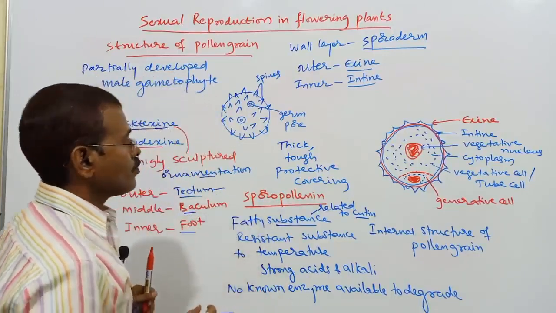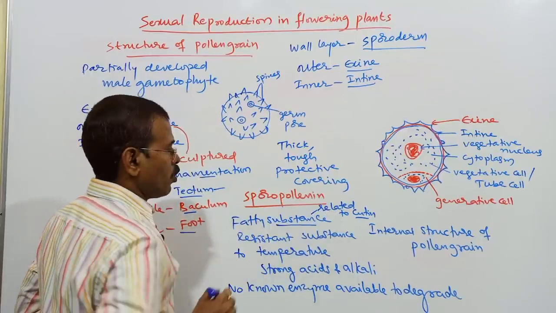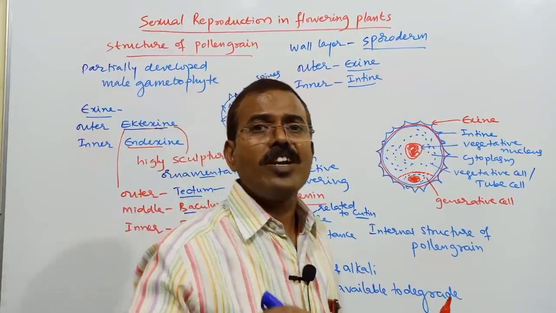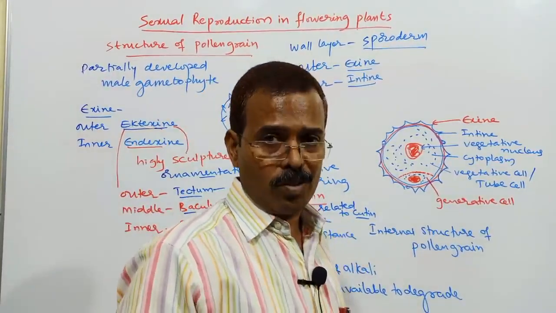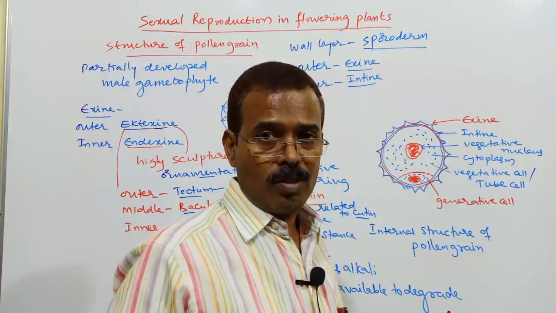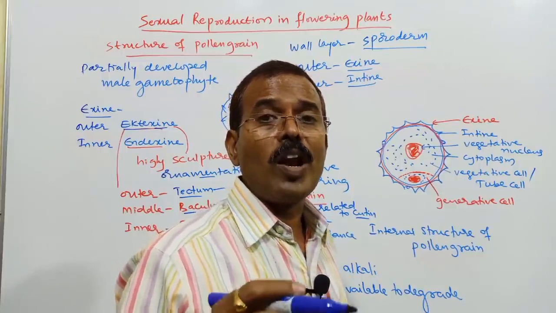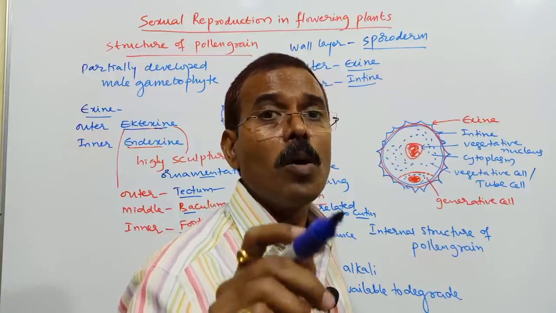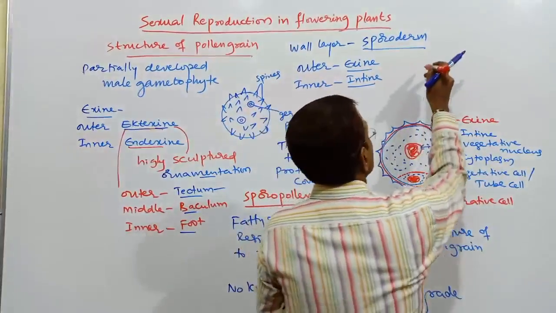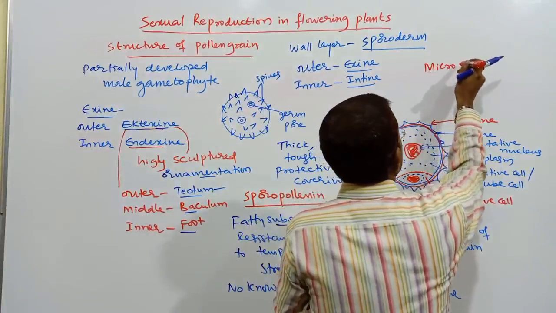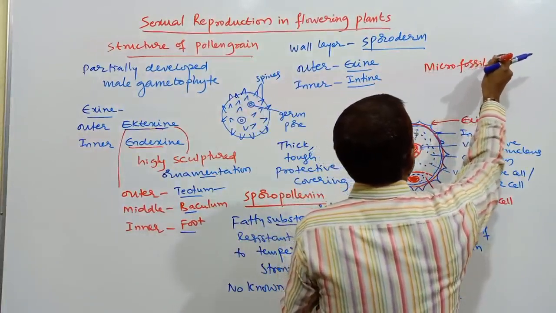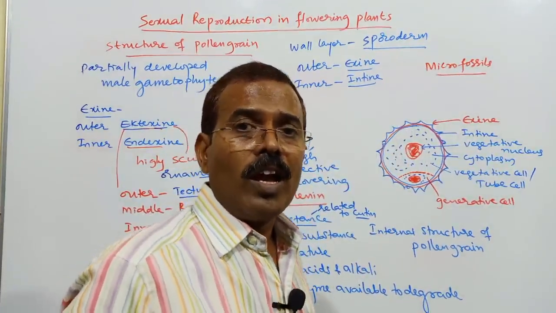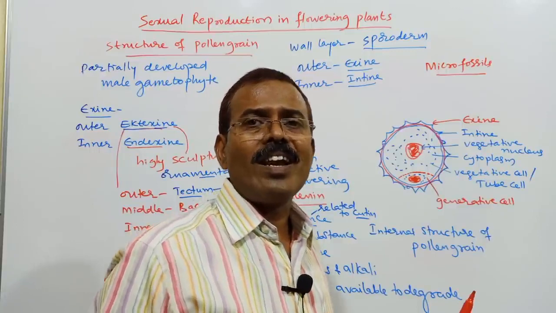Now, due to the presence of this sporopollenin, the pollen grains of ancient plants, past plants, are preserved as microfossils, as these are not easily degraded.